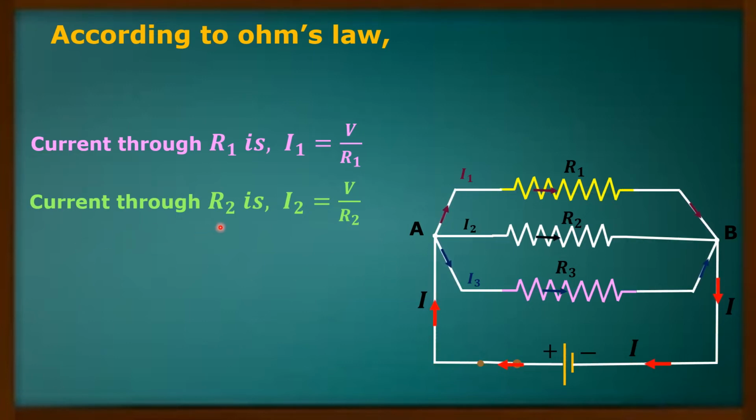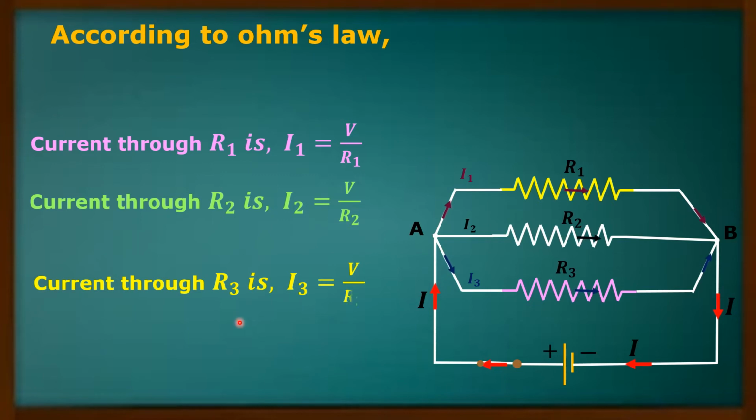According to Ohm's law only, I am writing all these things here. Current through R3, let us say it is I3, is V by R3. So I1 is equal to V by R1, I2 is equal to V by R2, I3 is equal to V by R3. V is the same for all the resistors.